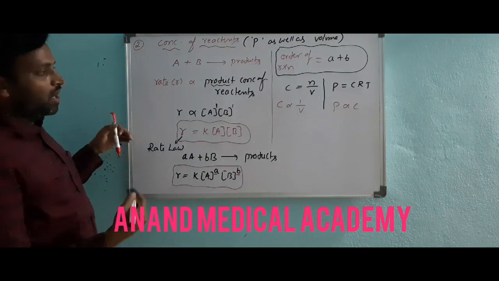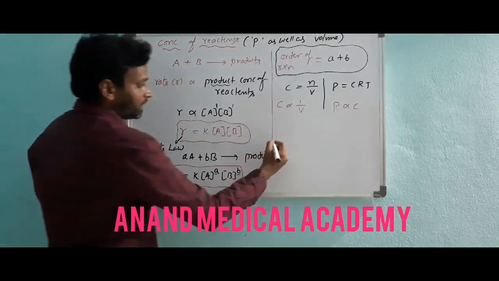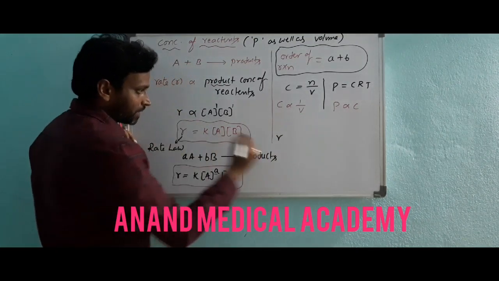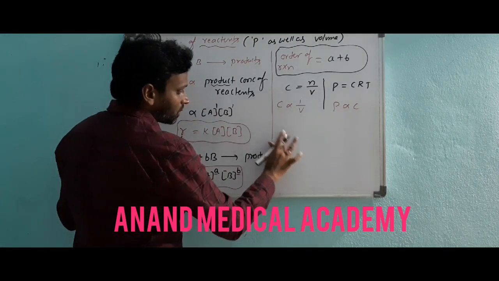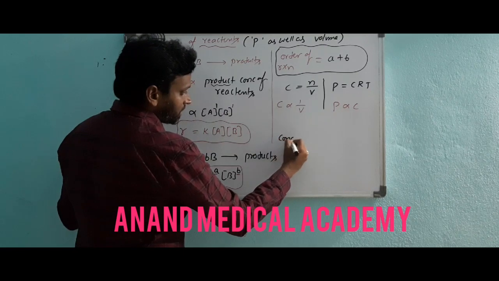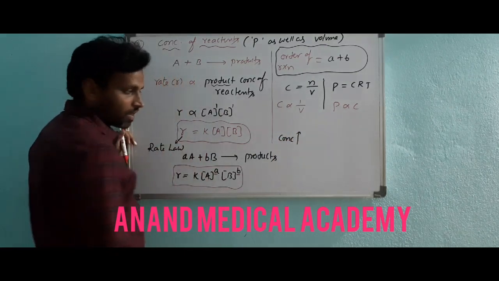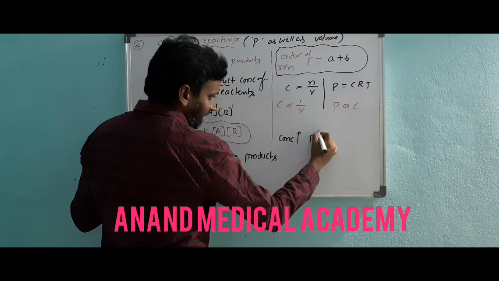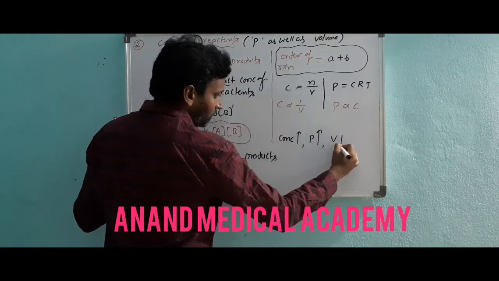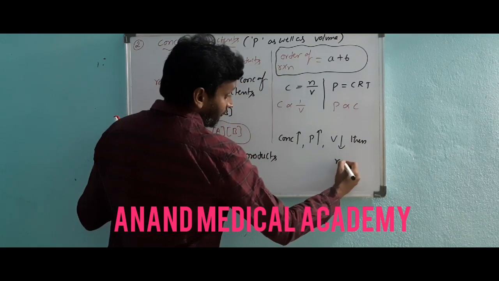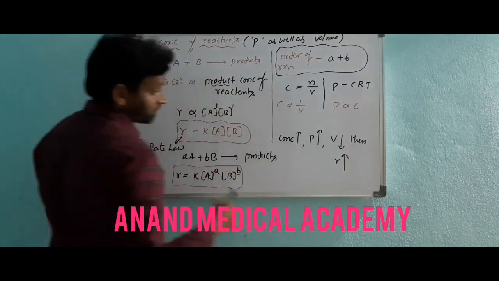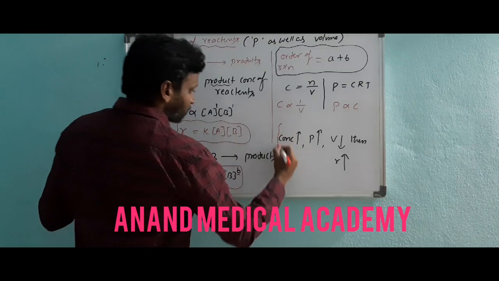So from this, how can you relate the rate of reaction? If concentration increases, or pressure increases, or volume decreases, then the rate of reaction increases. This is a very, very important thing for you.